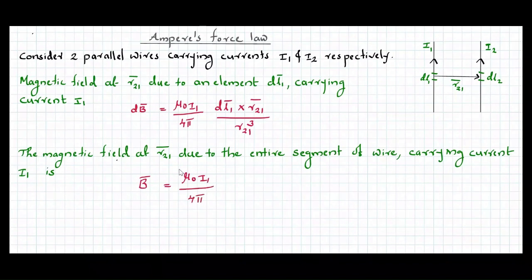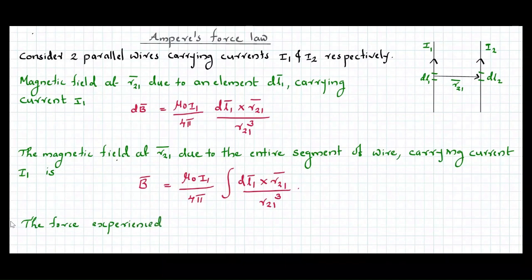If we integrate dB, it will become B equal to mu 0 I1 by 4 pi integral dl1 cross r21 divided by r21 cube. Here I1 and I2 are steady current, which is constant in magnitude. This is the magnetic field at r21 due to the current carrying wire I1.